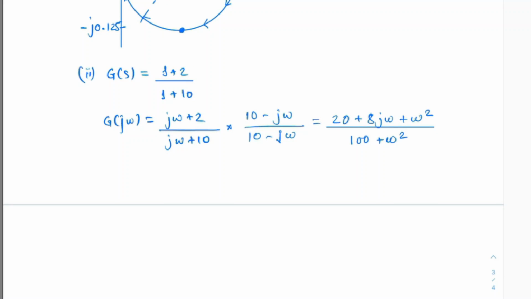If you write the real part of G of j omega, this would become 20 plus omega square by 100 plus omega square.